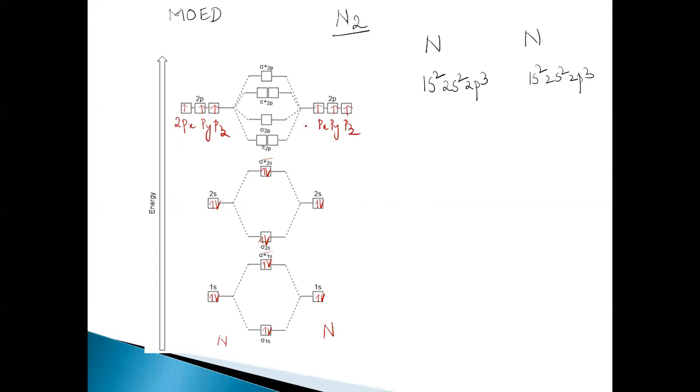If you assume that px has its lobes oriented along the internuclear axis, they will mix, resulting in the formation of sigma 2px, and the other two will combine to form pi 2py and pi 2pz. Here also pi star 2py and pi star 2pz, and sigma 2px and sigma star 2px. These are bonding molecular orbitals and these are antibonding molecular orbitals.